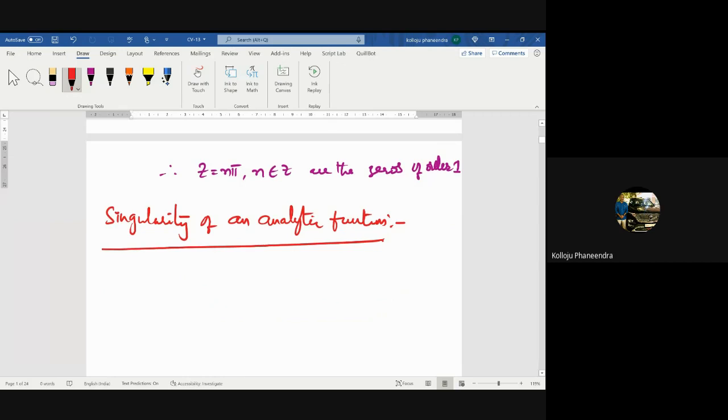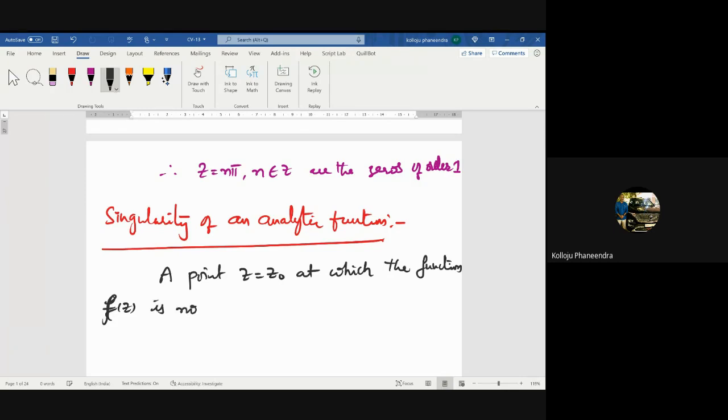The definition: a point z equals z naught at which the function f of z is not defined, meaning not continuous, or the function is not analytic.